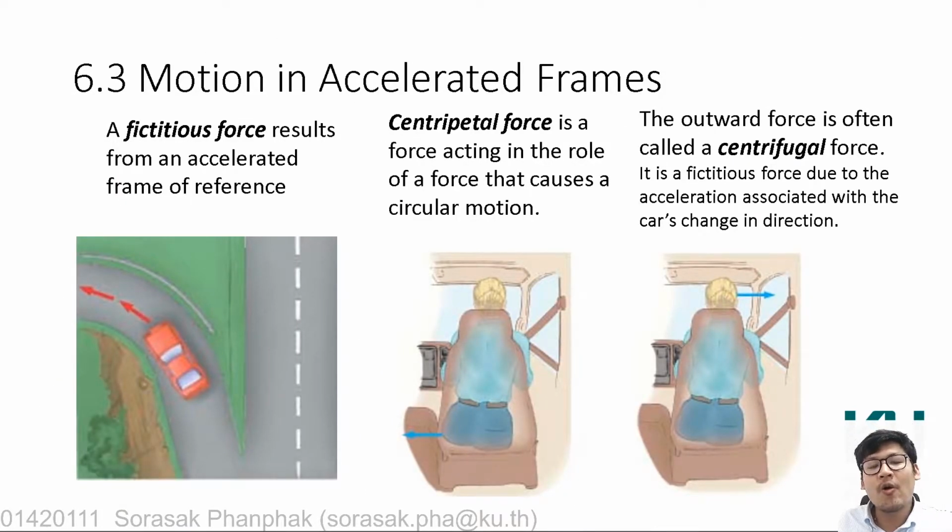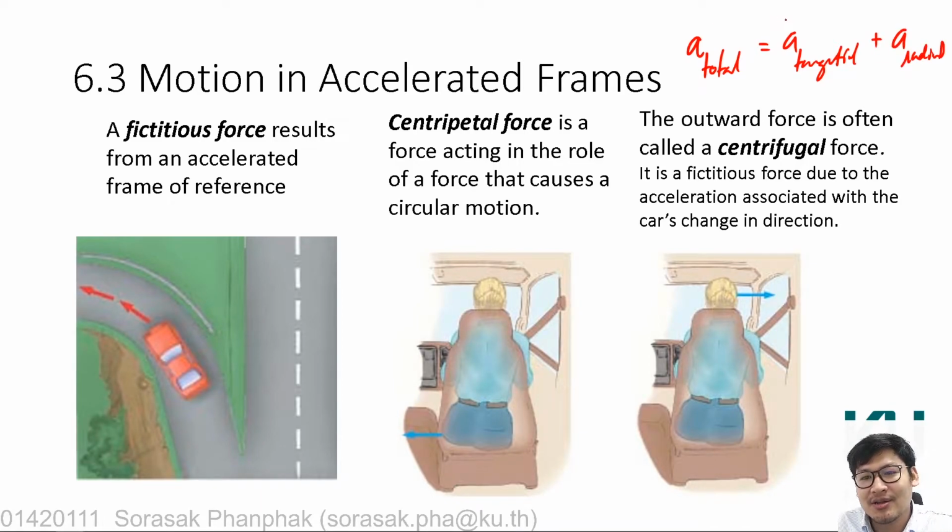Now, since we know all the forces that can happen in our circular motion due to the acceleration, whether that acceleration is the tangential acceleration or a radial acceleration, right? So the radial is pointing inward. This is the a radial, and the tangential is along the path that this car is moving.